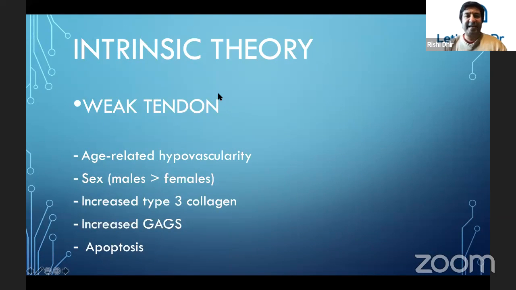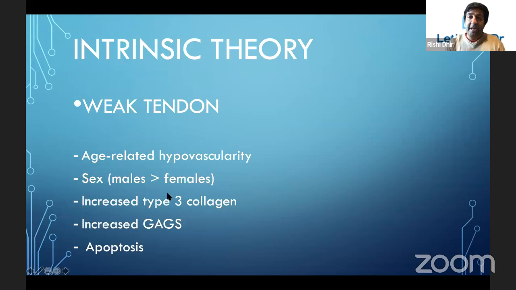So the second theory I talked to you guys about is the intrinsic theory. This time you haven't got a compression, but you've got some sort of problem with the tendon itself. Evidence for this comes from the fact that we see tears more commonly in people as they get older, so there's a suggestion that the blood supply becomes more tenuous with age. We see it in males more commonly than females, suggesting that sex may be a contributing factor.